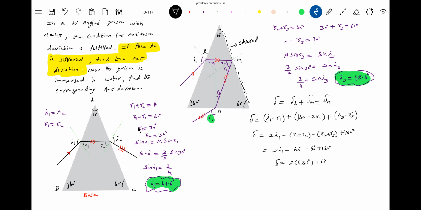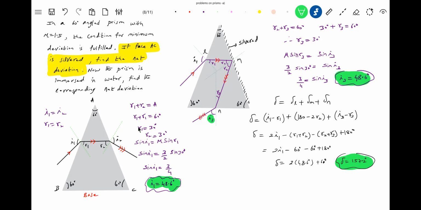So the net deviation we'll get as 157. 48, 48, how much will it be? 106, 107, 157. Okay, this will be your answer.